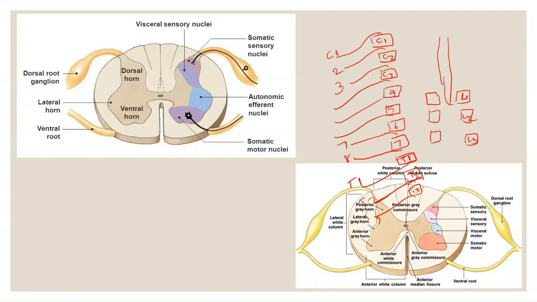You don't have the spinal cord, you only have the spinal nerves extending. So this part is called the cauda equina and contains only the spinal nerves. Equina means horse and cauda means tail. Right? So it looks like a horse's tail. So that's why it's called the cauda equina.